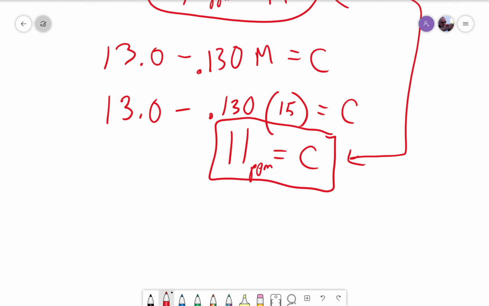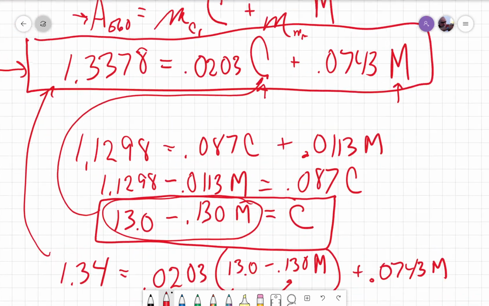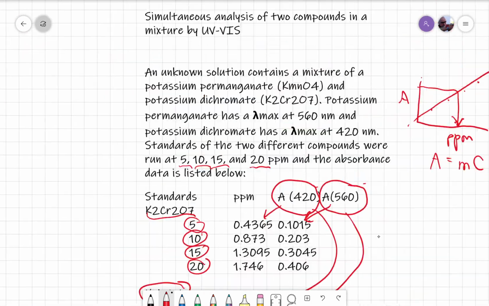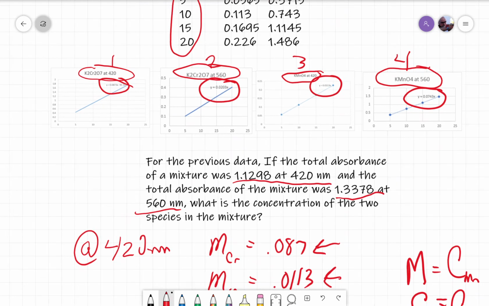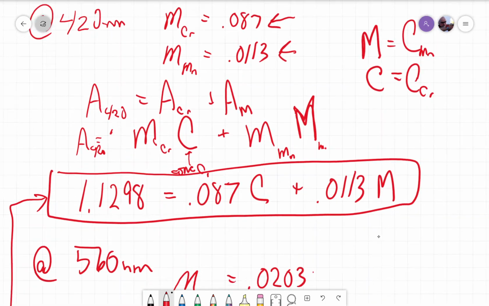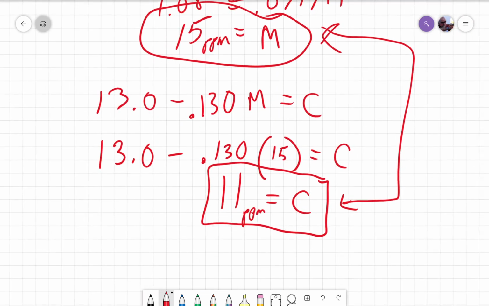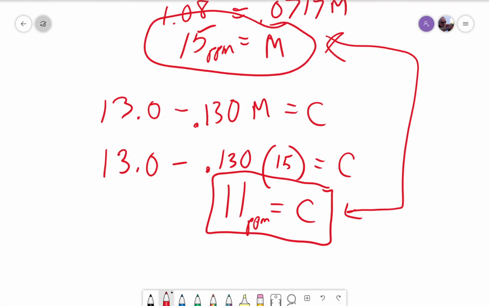So, from this, we could determine, if we go back to the original question, what is the concentration of the two species in the mixture? The concentration of the potassium permanganate works out to be 15 ppm. The concentration of the potassium dichromate works out to be 11 ppm.